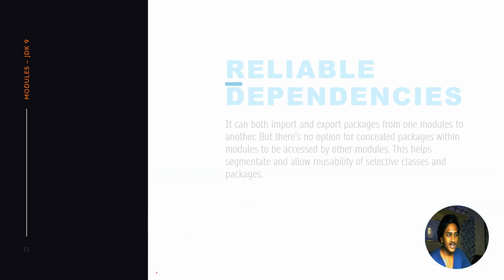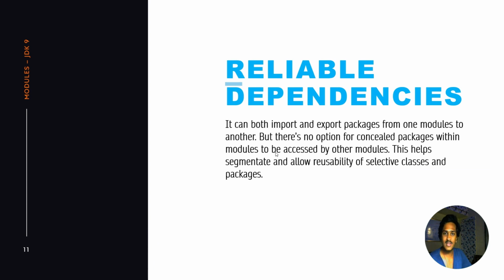What are reliable dependencies? Well, with this, it means that you can both import and export packages from one module to the other. Interesting, right? How would you do that without modules? That means, how would you do that prior to JDK 9?